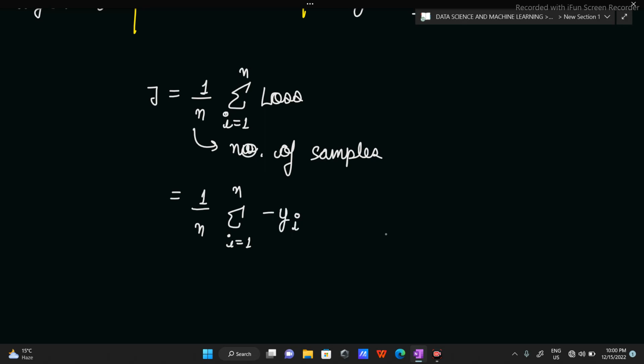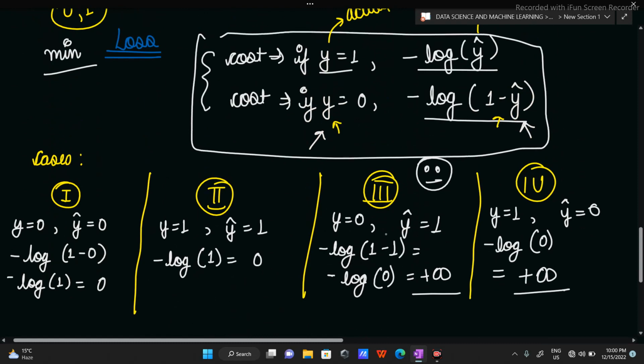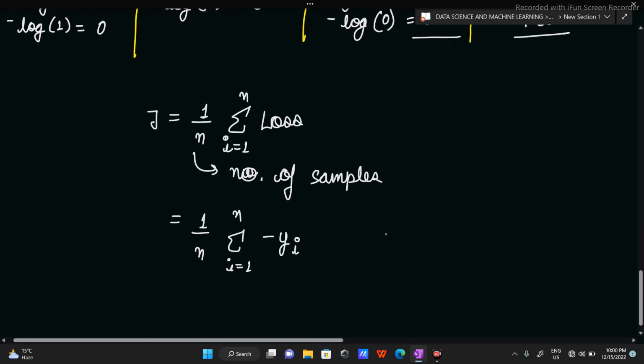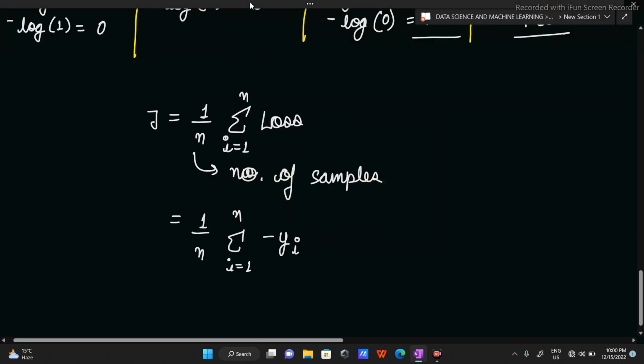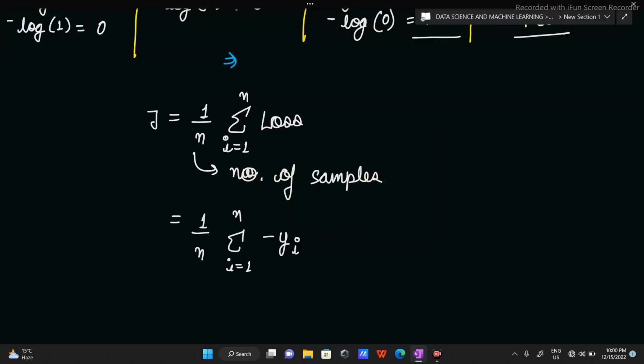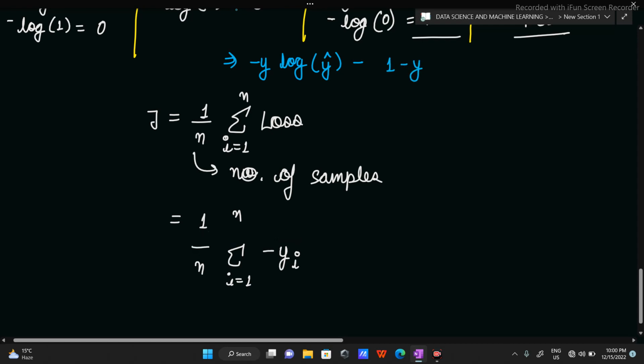See, this whole thing I can write as negative of y log y hat, minus 1 minus y, log of 1 minus y hat.